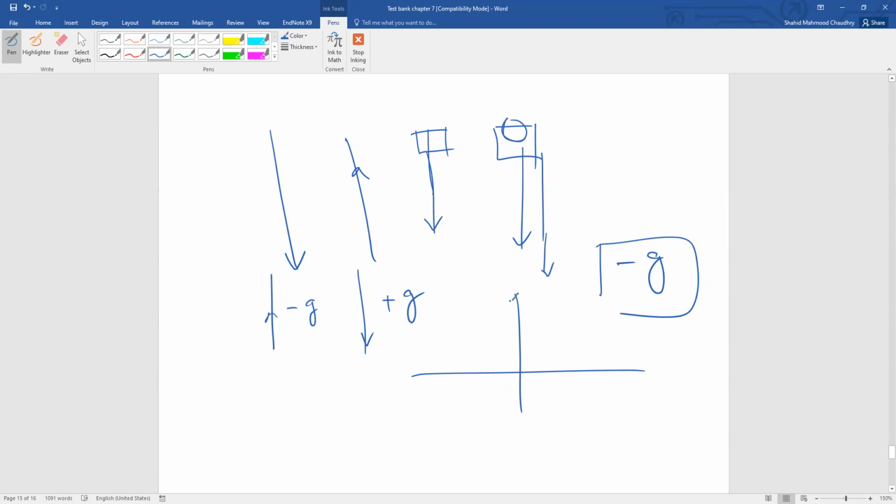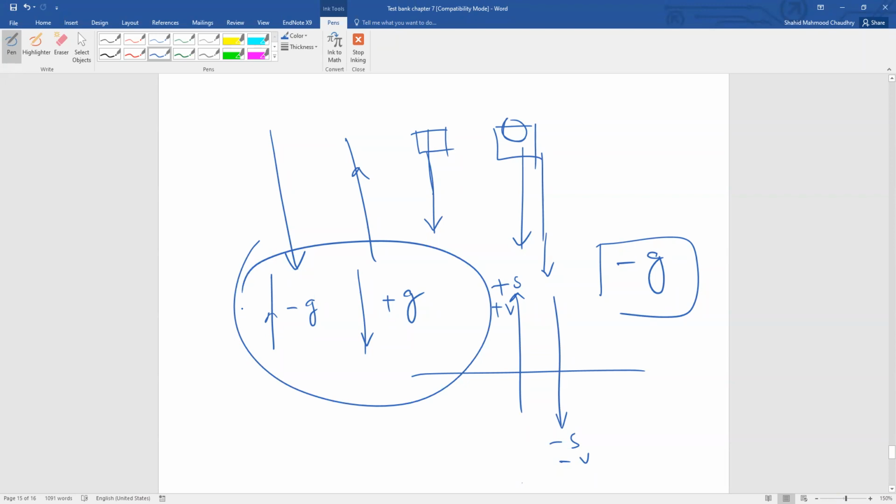If the body is moving up, the distance will be positive and the velocity will be positive. If the body is moving down, the distance will be negative and the velocity will be negative. Otherwise, when you solve the problems, you should do this, which you have already studied in your high school physics.